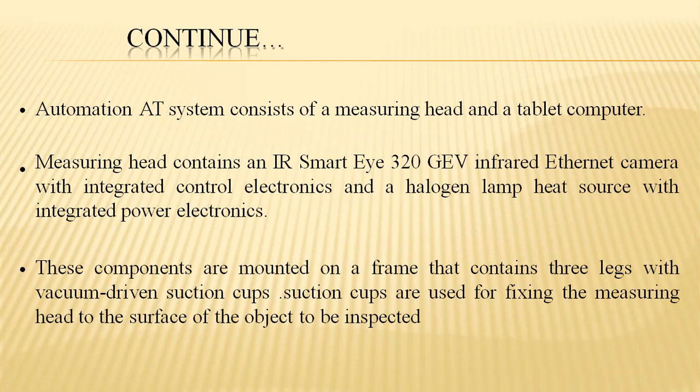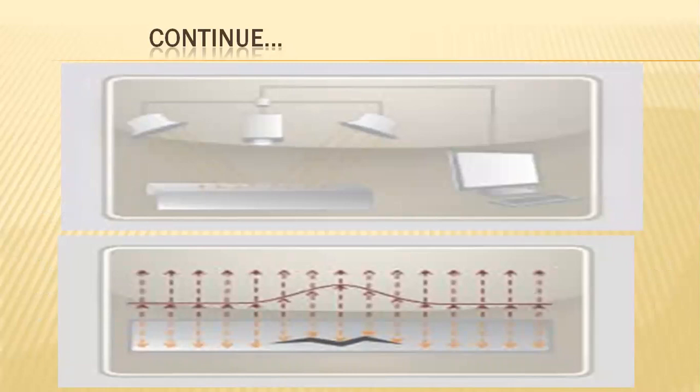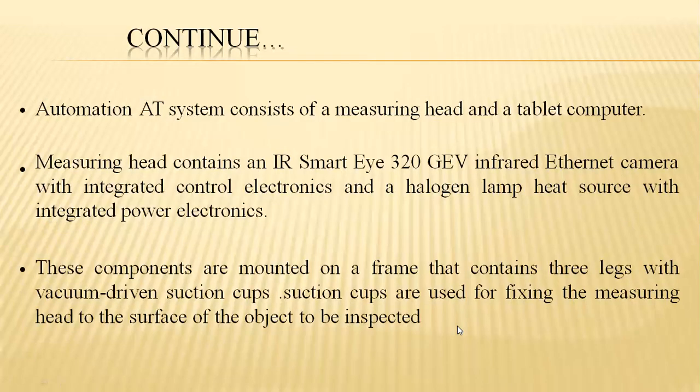It is controlled by integrated electronics, and the halogen lamps, adjusted at both ends as displayed on the screen, generate the infrared rays. This 320 camera will capture the entire analysis, displayed in pictorial representations.